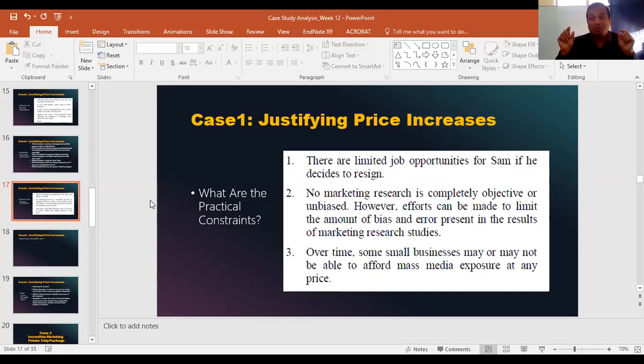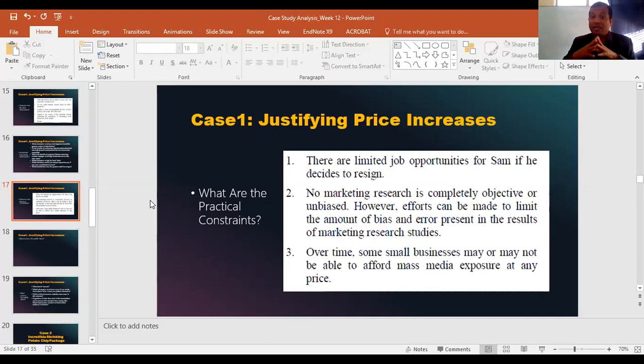We are just doing it with a small sample. So who will guarantee that this sample is the right sample? Or is it a random sample, not a non-random sample, which causes more bias? So there is a general statement that every marketing research has some bias and perception errors.